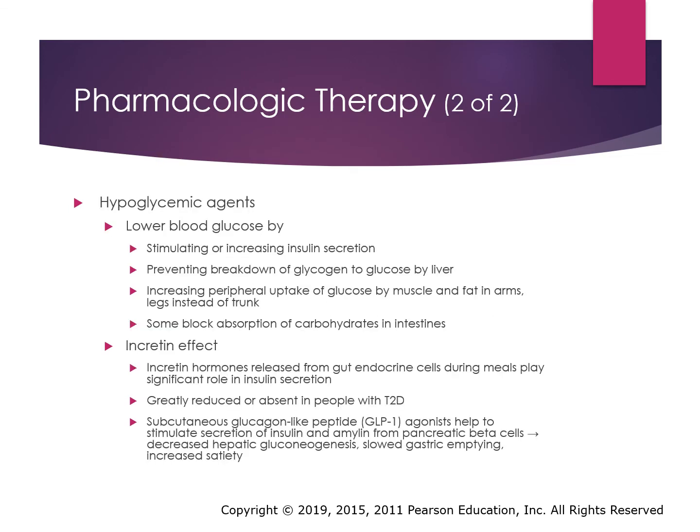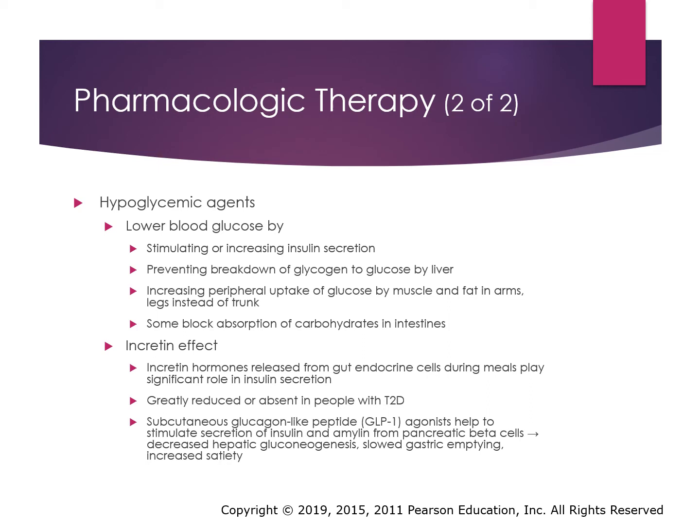So when we look at hypoglycemic agents, these are used to treat individuals with type 2. They lower the blood sugar by stimulating or increasing insulin secretion. Some of these drugs are like your metformin, and it also listed Victoza, and that's an injection. They listed hormones which play a significant role in insulin secretion, and some of these would be things like Victoza.